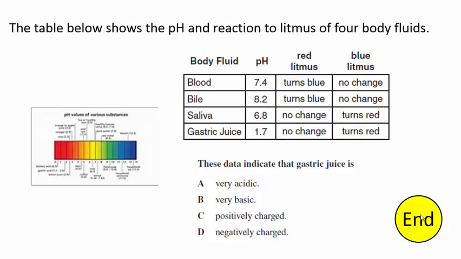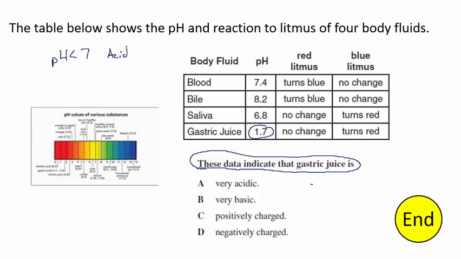The table below shows the pH and reaction to litmus of four body fluids: blood, bile, saliva, gastric juice. So how do we know about gastric juice here? Is it acidic, basic, positively charged, negatively charged? Here are the clues. pH 1.7. Here's what we know about pH. If pH is less than 7, you've got yourself an acid.